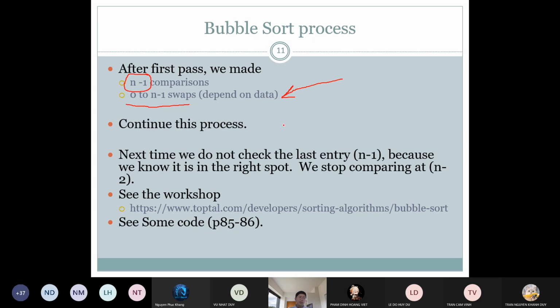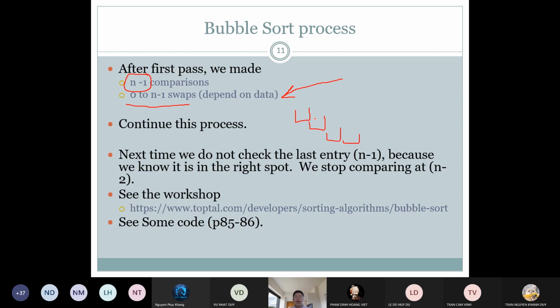Because we have to go through each pair, and I don't need to swap anything, it means that each pair is in the correct position.